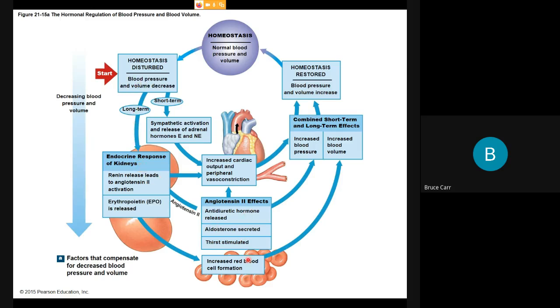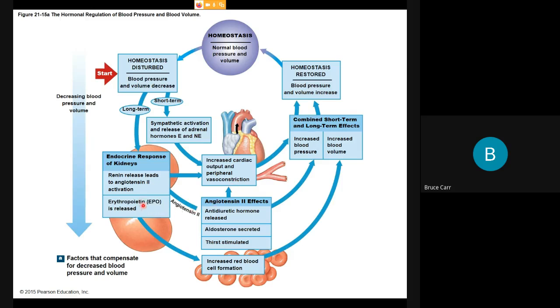So the effects here: you get thirsty, you drink. You retain water, so the blood pressure drop is arrested. You also, through these hormonal effects, increase peripheral vasoconstriction. The blood vessels and the blood volume of the vessels gets smaller, and pressure is held or increased.